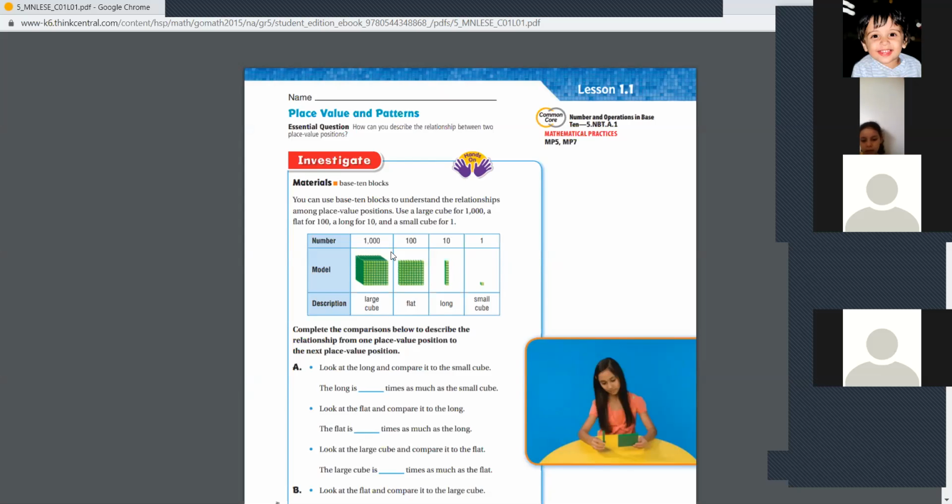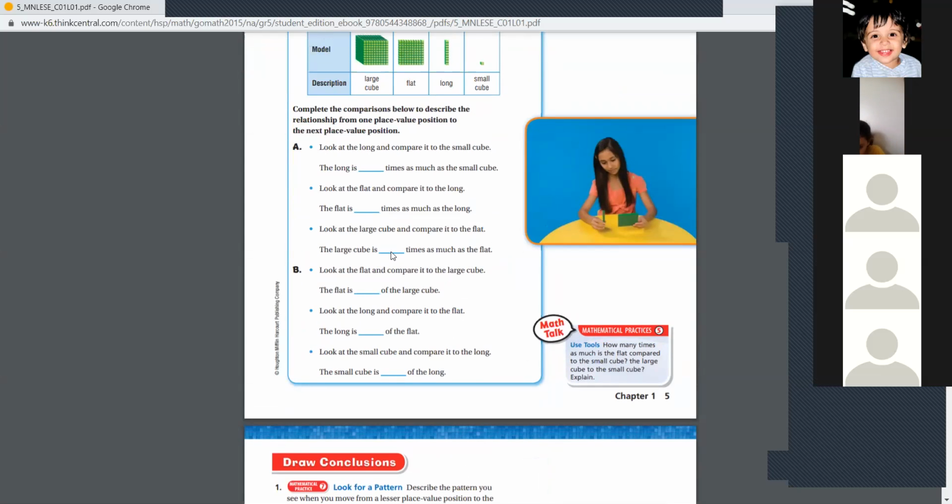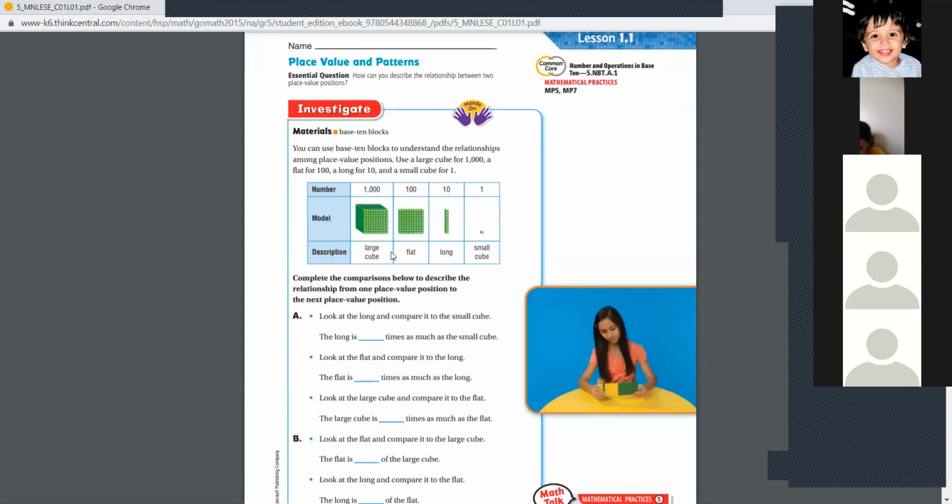Write the lesson name, place value and patterns. Lesson 1.1. Miss, what's the page number? Page number 5.